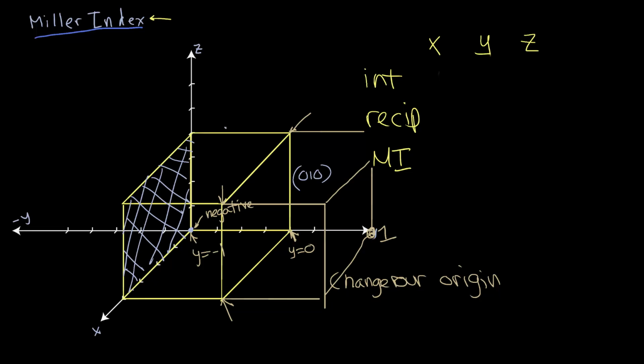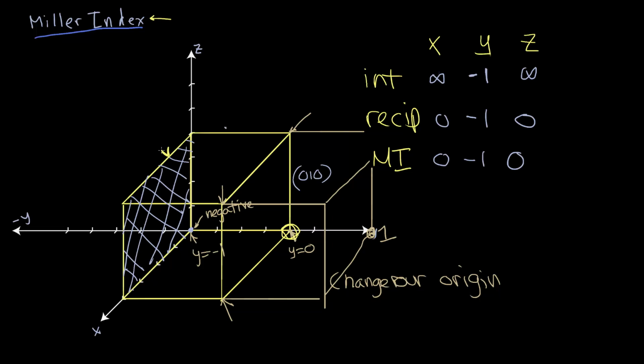Let's try our procedure again with our origin here. The same as before, we have x and z at infinity, and now y is minus 1. We can take reciprocals, get 0, minus 1, and 0, and directly get our Miller indices from there.